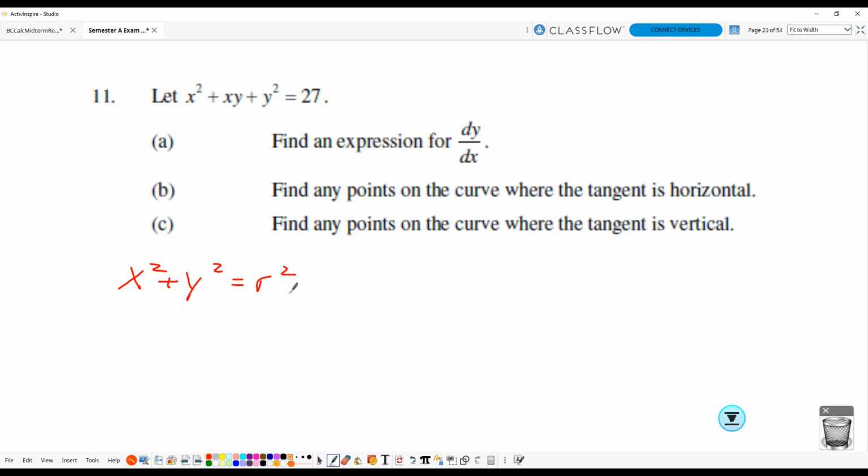R squared. So, yeah, that's a circle. When did they teach you this? Supposedly in geometry these days. It used to be in Algebra 2 and then more so in pre-calc, and then they just kind of destroyed it altogether. So none of us know it.